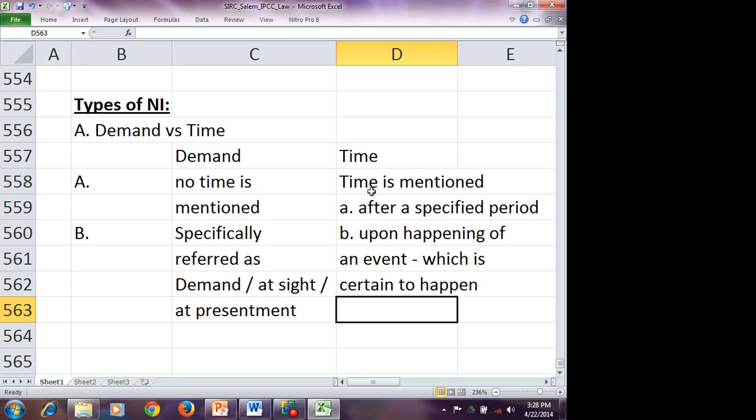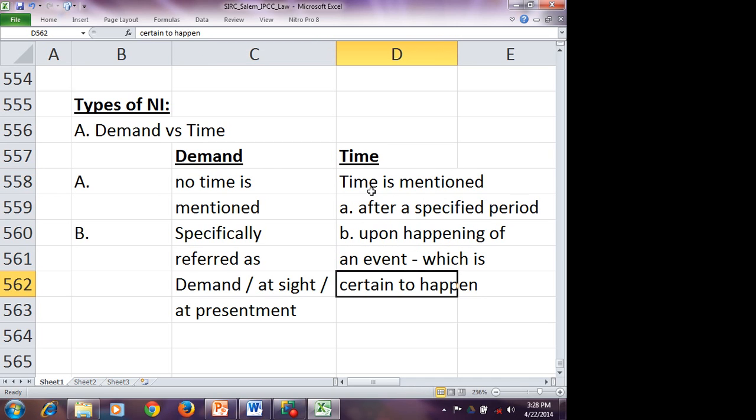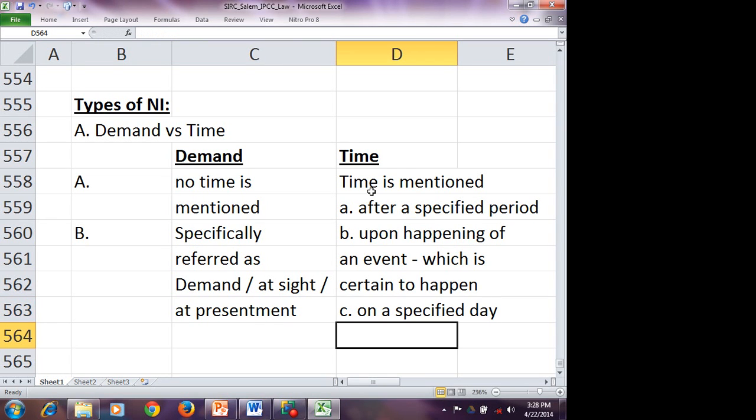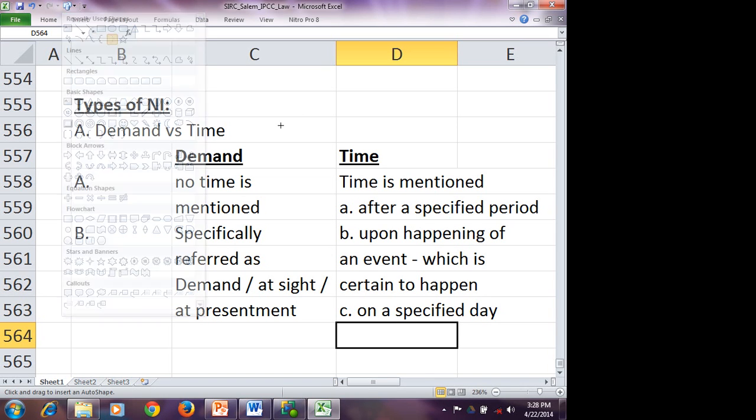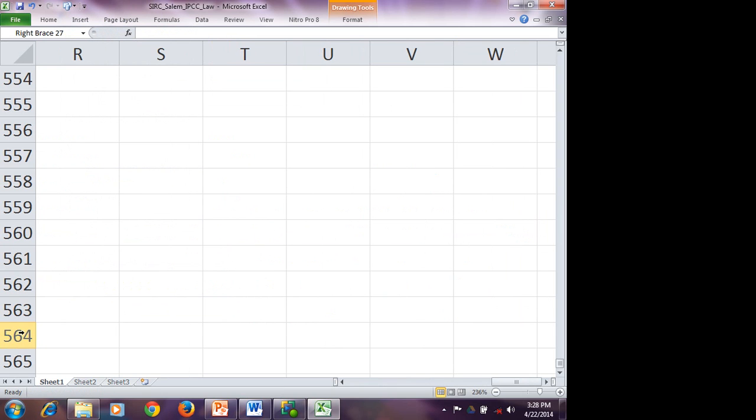So time is mentioned in any of the following ways: after a specified period, upon happening of an event which is certain to happen, or on a specified day. I draw a bill today agreeing for payment on 6th of June 2014, on a specified day. Sufficient compliance.